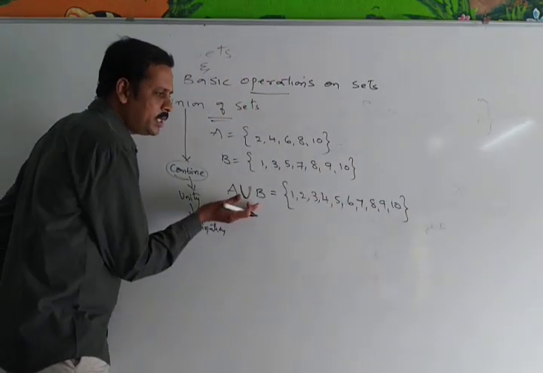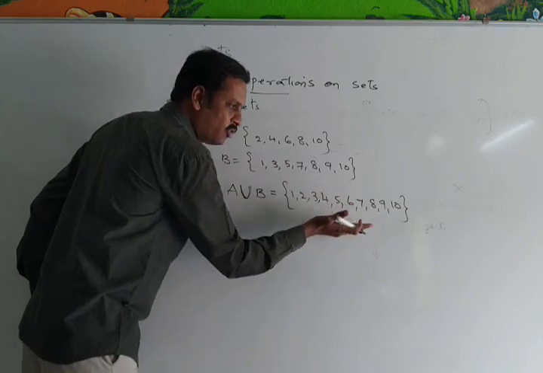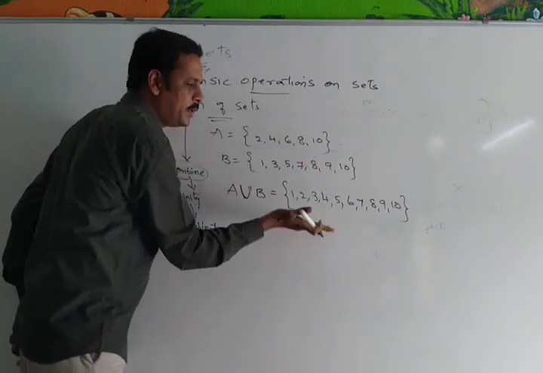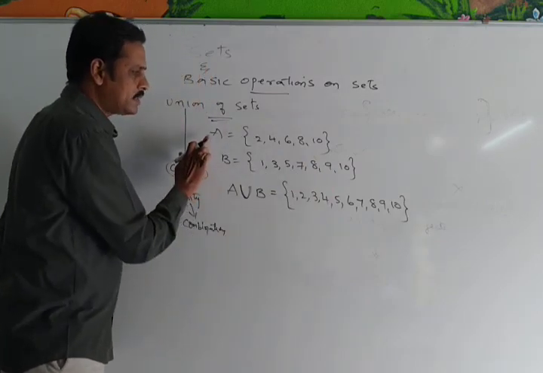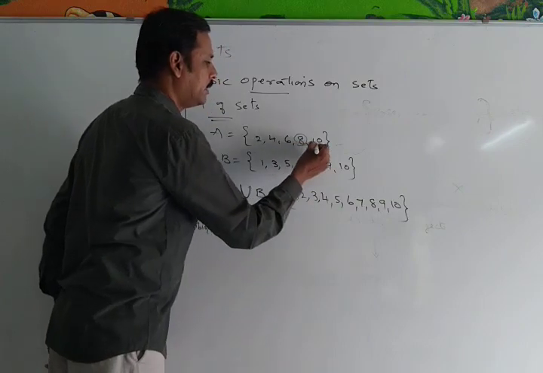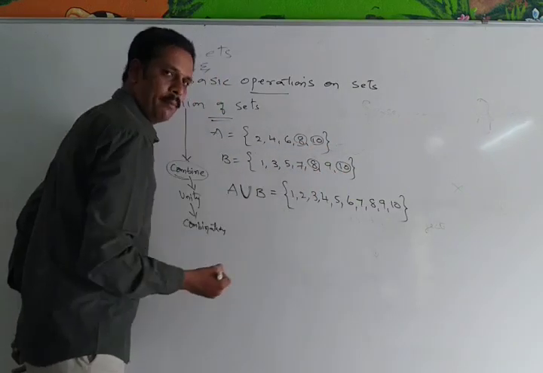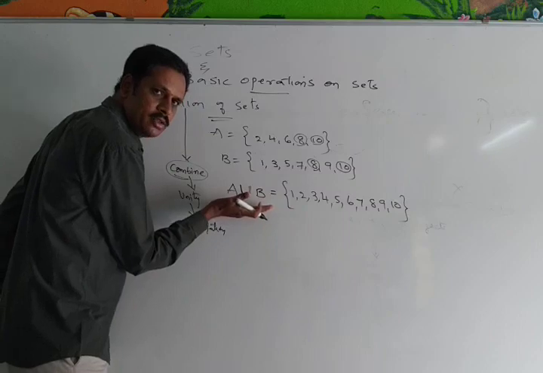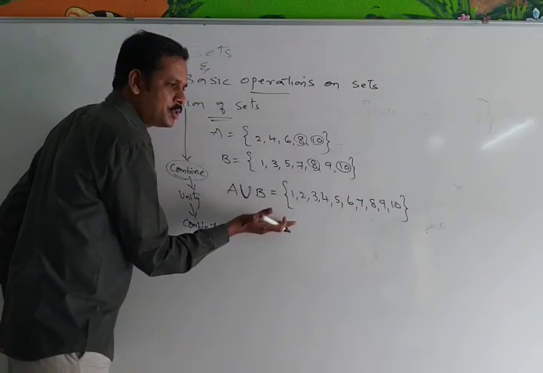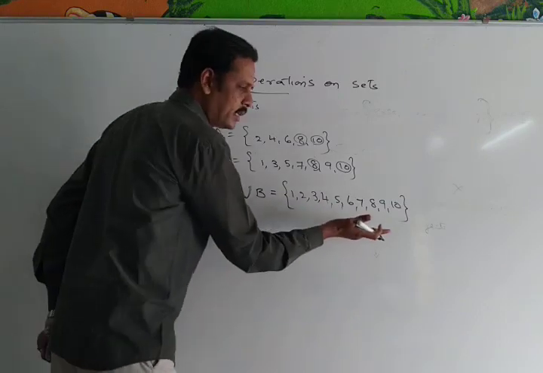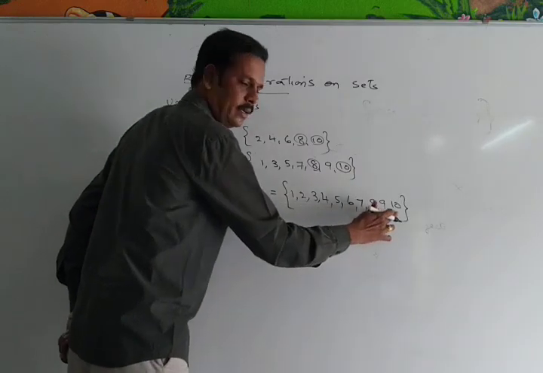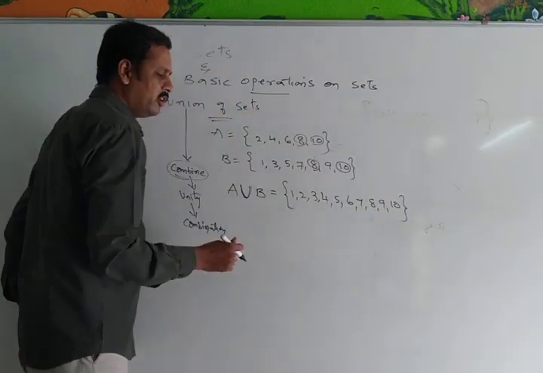So A union B is a new set which is formed by combining the elements of A as well as B. And if you observe set A and set B, it contains 8 and 10 as repeated elements. But the union of sets will not repeat them. So the general rule of a set is we should not repeat the elements in a set. So that's why A union B contains 1 to 10. So this is how we will be writing.